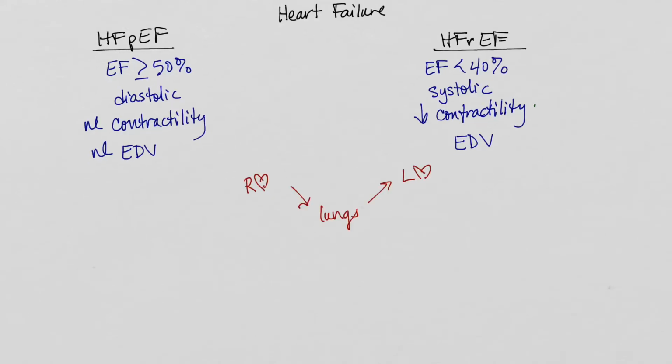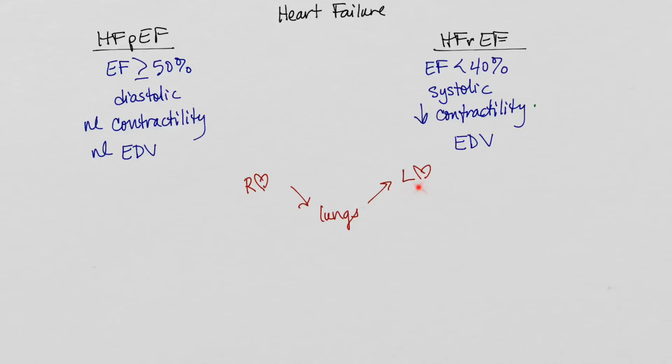So if you're thinking about increased pressures in the left heart during diastole, so during filling, the left ventricle is continuous with the left atrium because the mitral valve is open. So the pressure gets transmitted back through the left atrium into the pulmonary vasculature, and that is what's causing the pulmonary symptoms and signs in patients with heart failure with preserved ejection fraction.